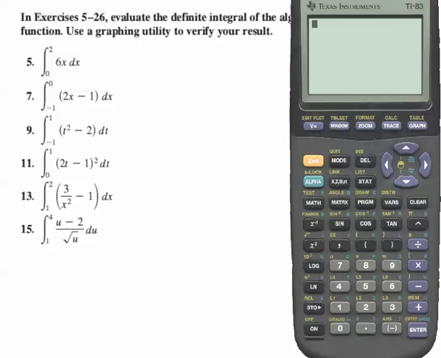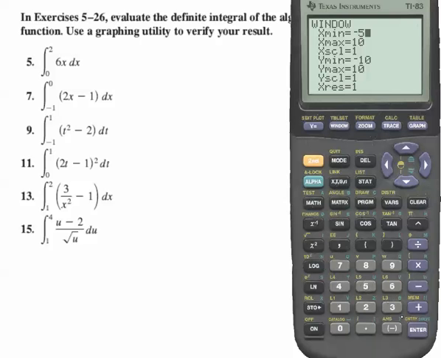And just so we understand what it is that we're trying to accomplish here algebraically, let's start with a picture of it. So I'm going to use the graphing calculator. I'm going to go into y equals, and I'm going to set up my function, y equals 6x. In this case, I'm going to set my window because I know that I'm not going to be able to see everything that I want.